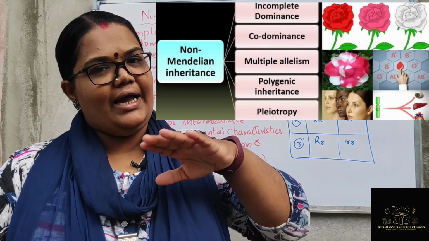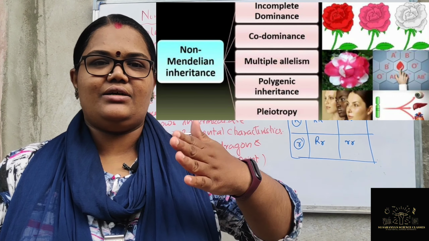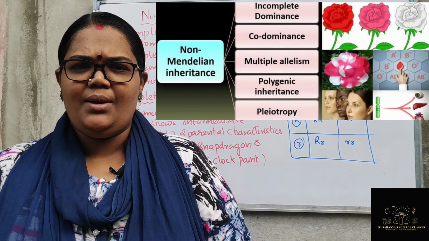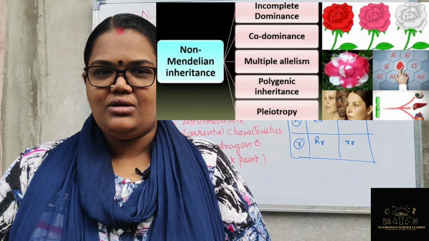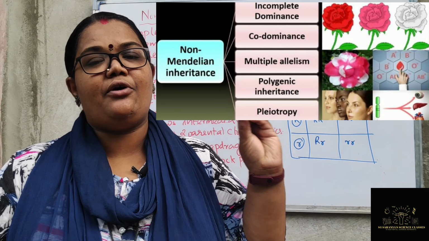We do not get offspring that are in between, like normal height or a combination. There are many characters that do not follow this type of inheritance.